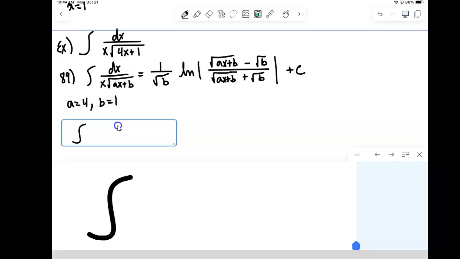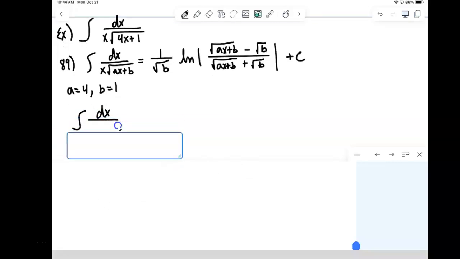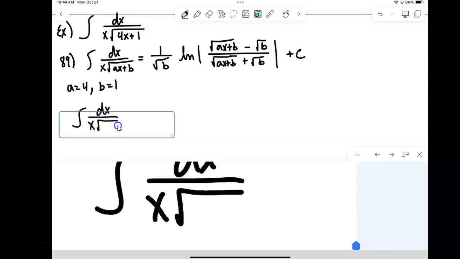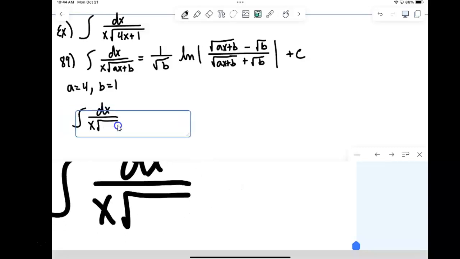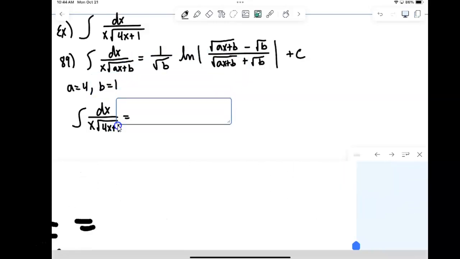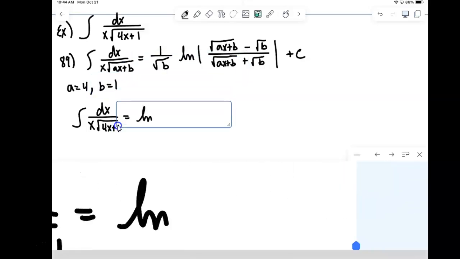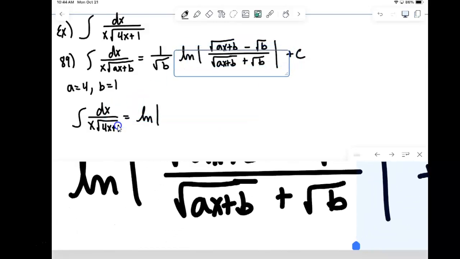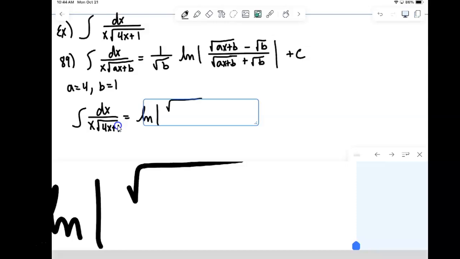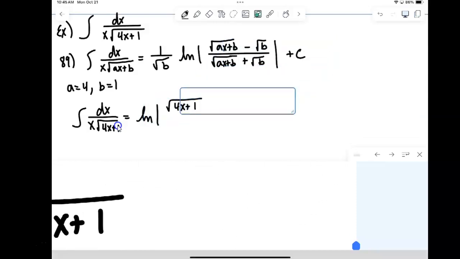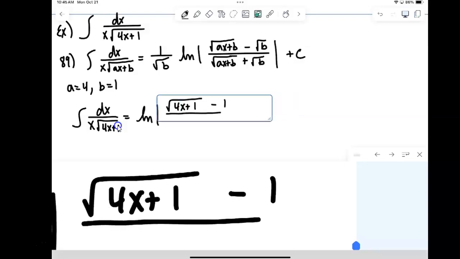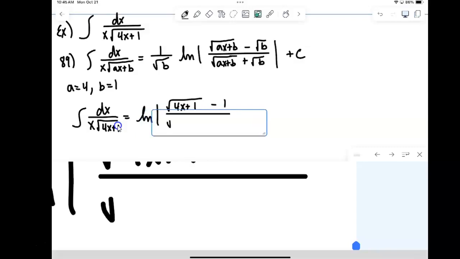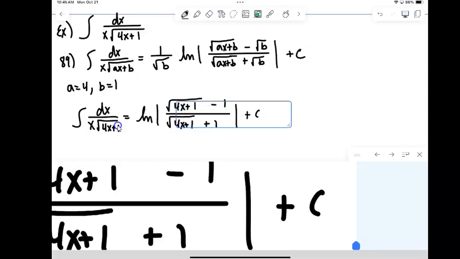The integral of dx over x square root of 4x plus 1 would be 1 over the square root of b. b is 1, so that would just be 1, times the ln, absolute value of the square root of 4x plus 1 minus the square root of b, all over the square root of 4x plus 1 plus 1. All that inside the absolute value.